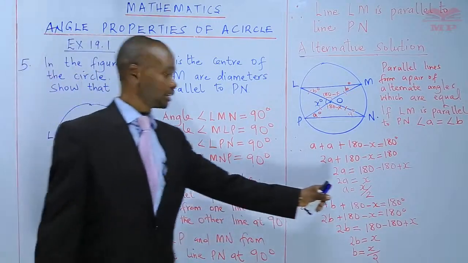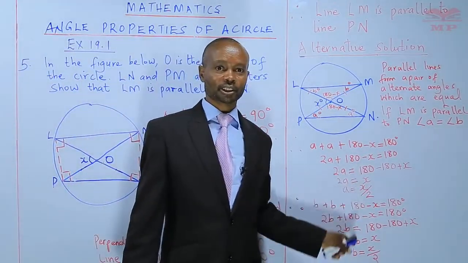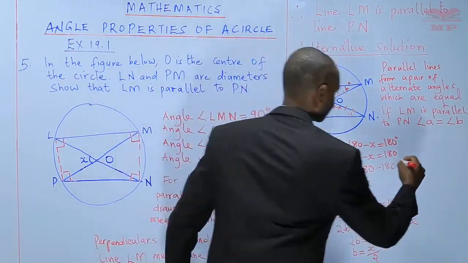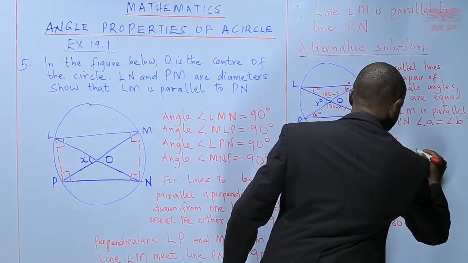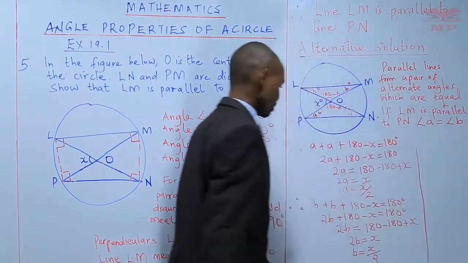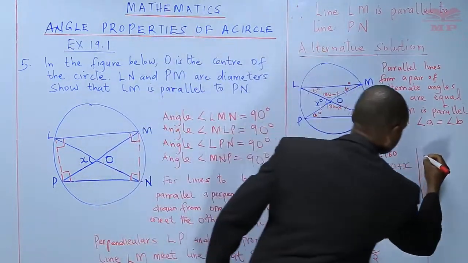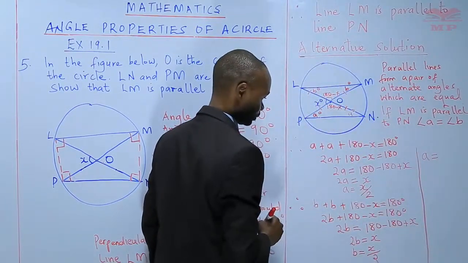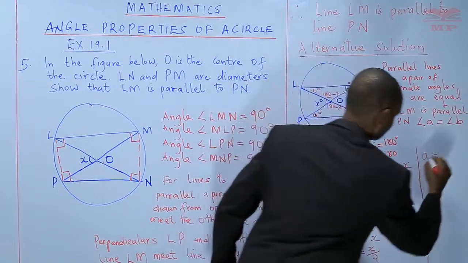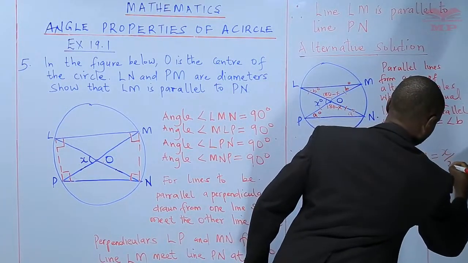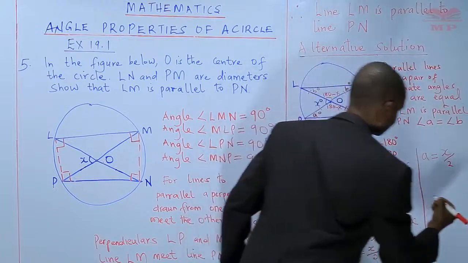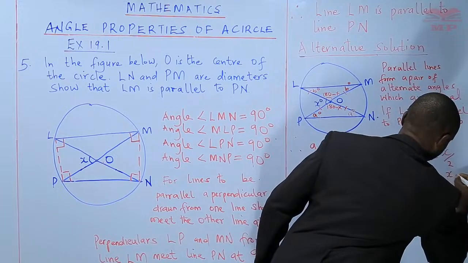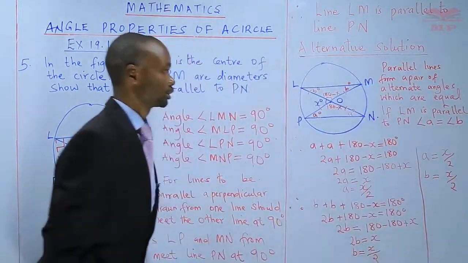So you find that the value of a is equal to b. So you write a is equal to x divided by 2 degrees, and b is equal to x divided by 2.